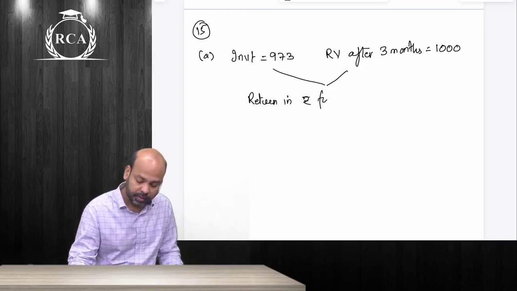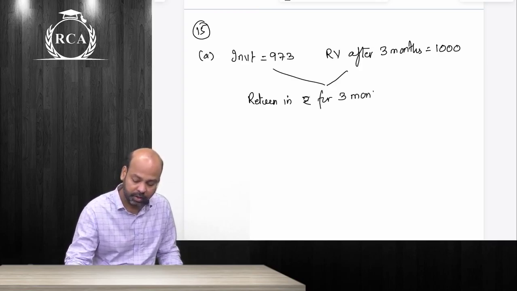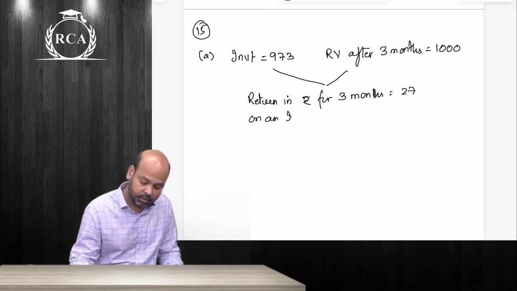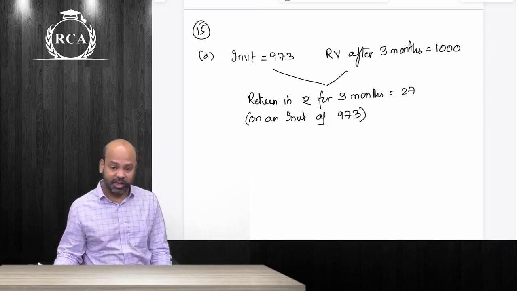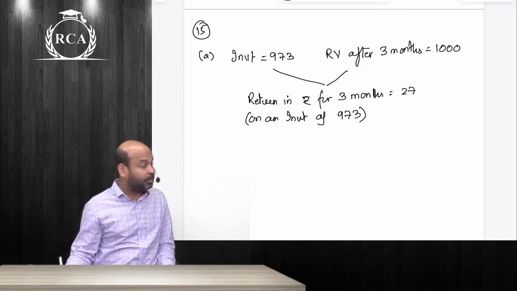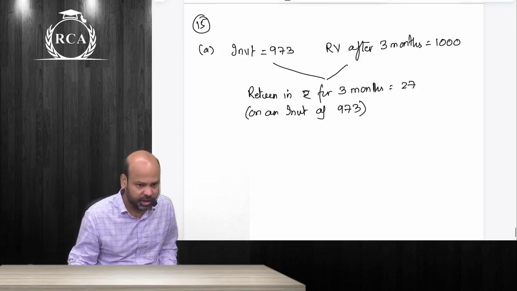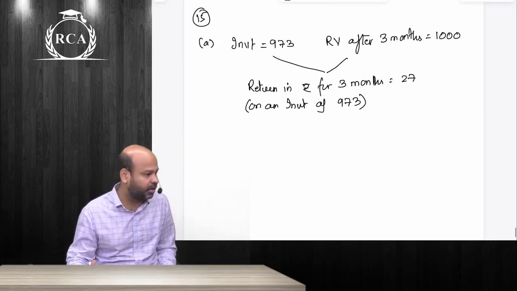What will be your return in rupees for 3 months? Return in rupees for 3 months will be 27 rupees, on an investment of 973 rupees. You are investing 973 rupees today. You are going to fetch an amount of 1000 rupees after 3 months. So you're generating 27 on an investment of 973.